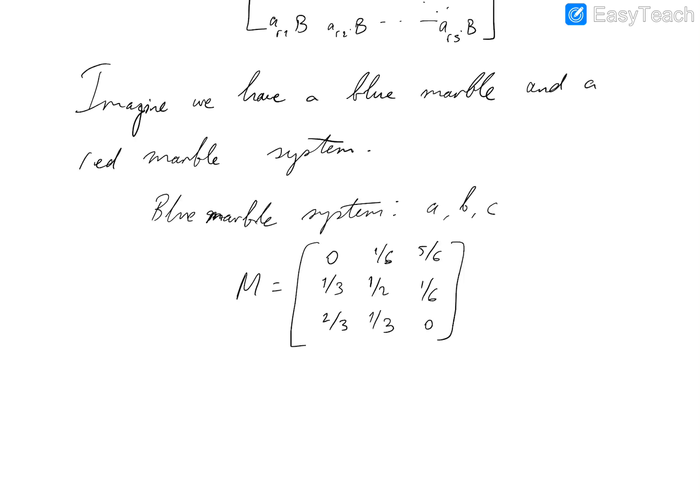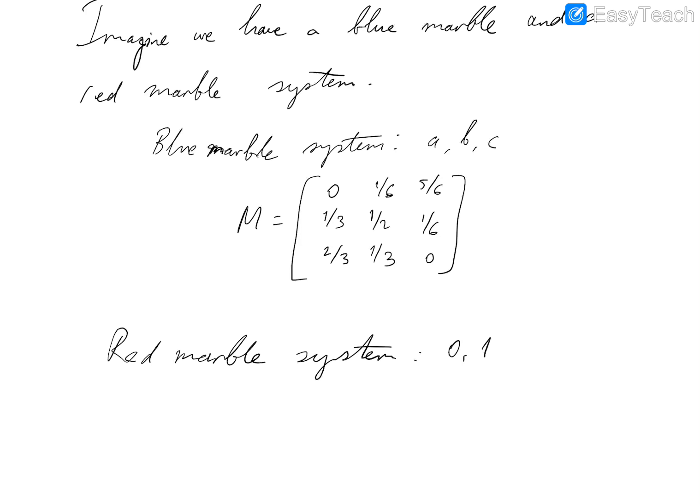Imagine also a red marble system placed on another separate graph. Let's suppose that the vertices in the red marble system are labeled as 0 and 1.